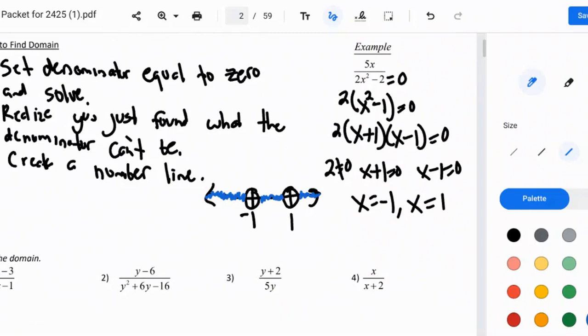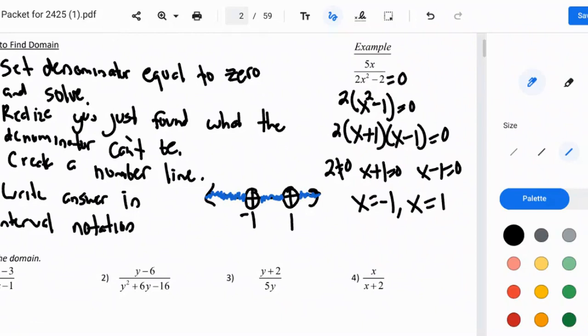So step 4 is to write our answer in interval notation. So if we just copy this number line, that goes from negative infinity to positive infinity.